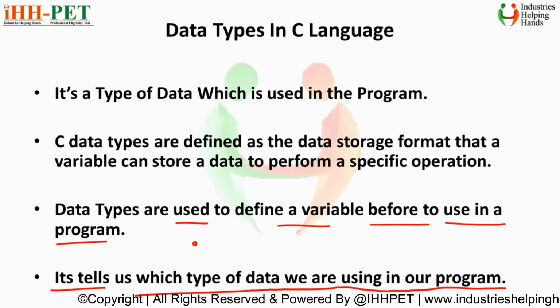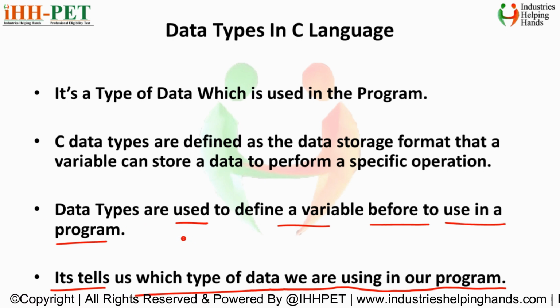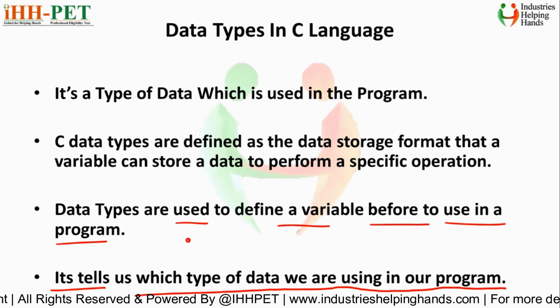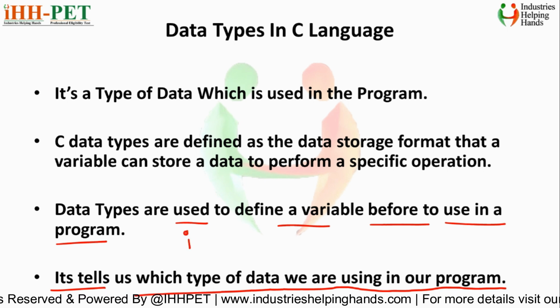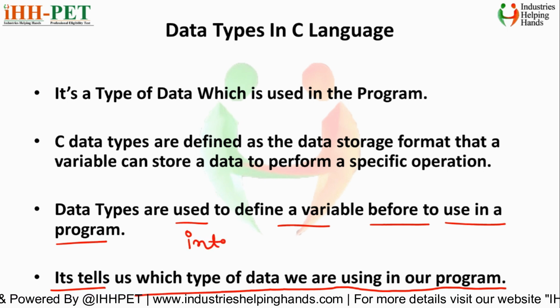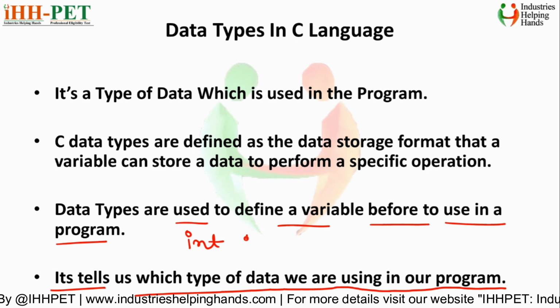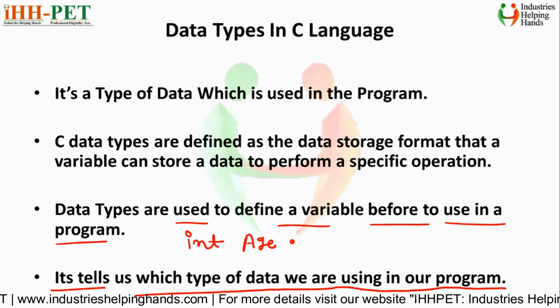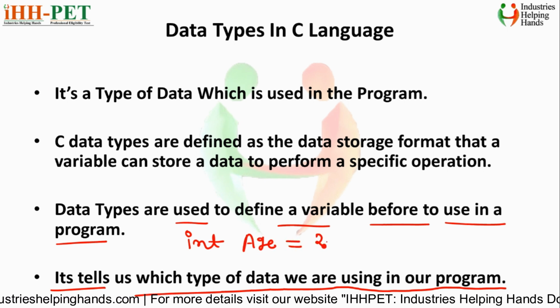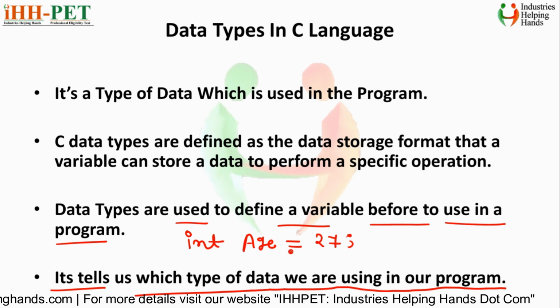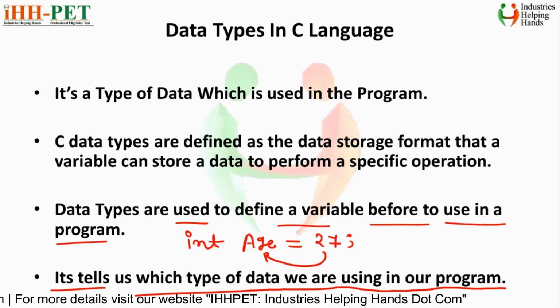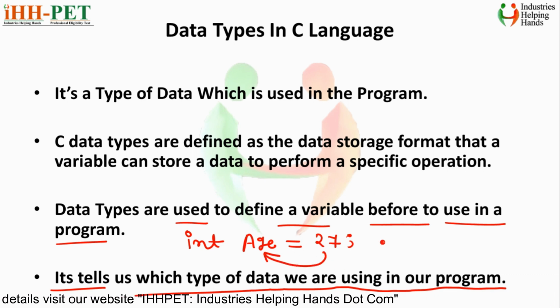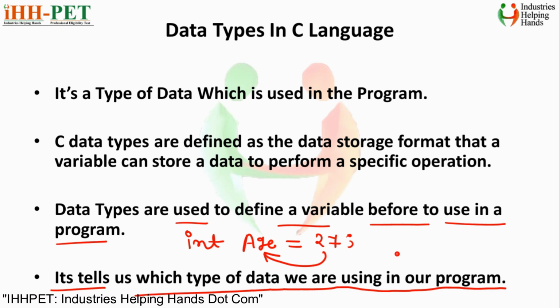For example, there are some major data types available. If I give you an example of an integer, integer here is the data type, age is the variable name, and I am assigning age the value 27. So the age value will be 27. Whenever you print age, you will get 27 as the answer.